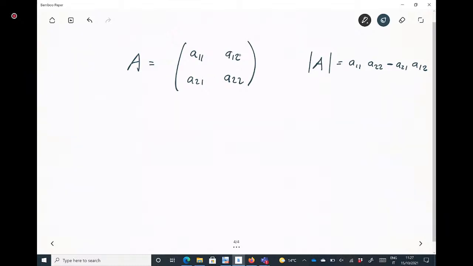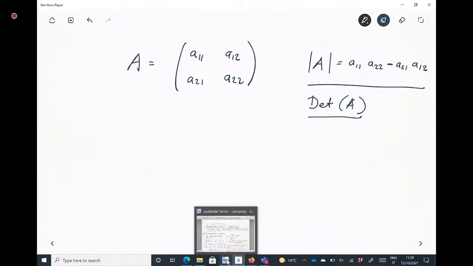Because they are the same element. So this is just the formula I need. The determinant, for the moment, just regard this as a unique number which is associated to any square matrix. This is the determinant of A. Two alternative notations: determinant of A, or A written in this way, like an absolute value, but this is not an absolute value, of course.